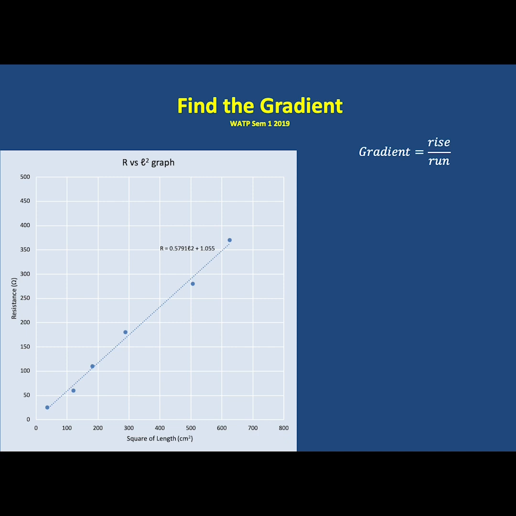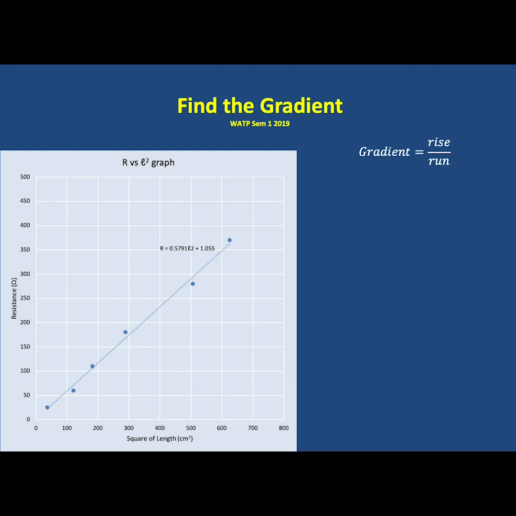We take the manipulated data, we plot resistance on the y-axis, we plot length squared on the x-axis. We make sure to give the appropriate titles of each of those axes, resistance with the units ohms on the y-axis, square of length with the units centimeters squared on the x-axis.